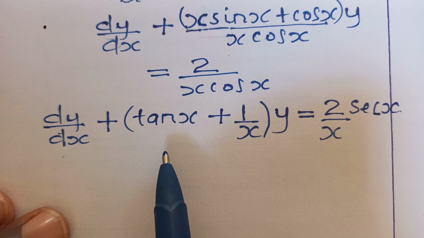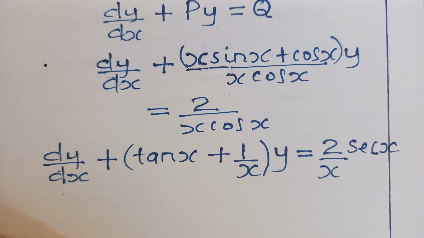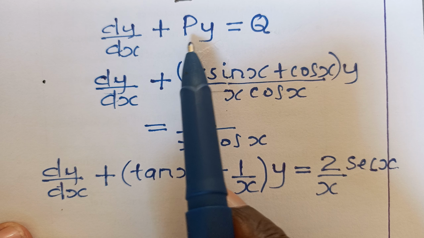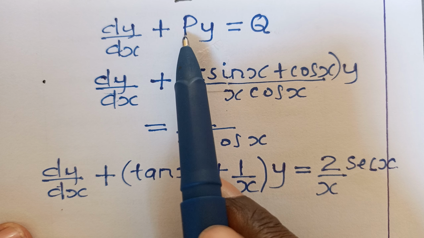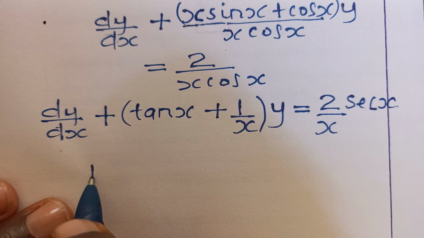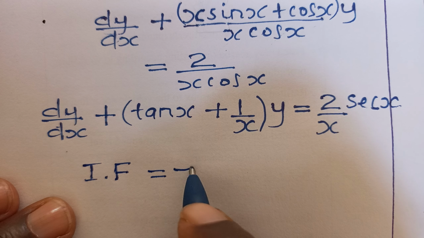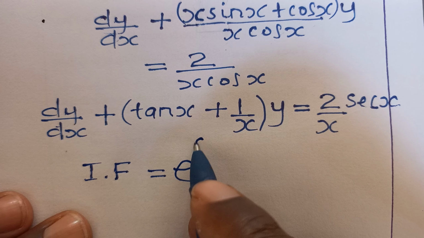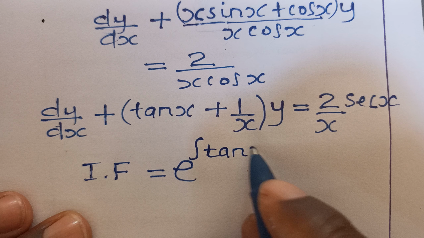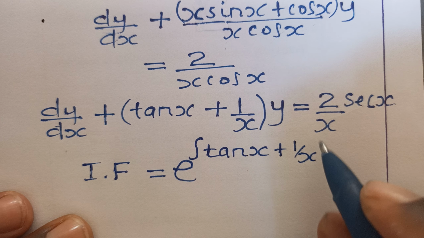From there, guys, we are going to find what we call the integrating factor. And in this format, just as we had here, our integrating factor is supposed to be e raised to the integral of p dx. And so for this one, we shall have the integrating factor as e raised to the integral of (tan x plus 1 over x) dx.